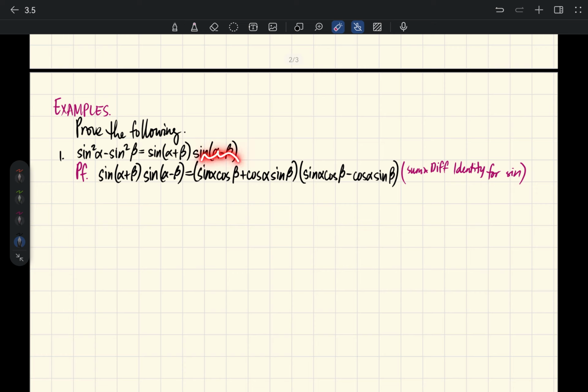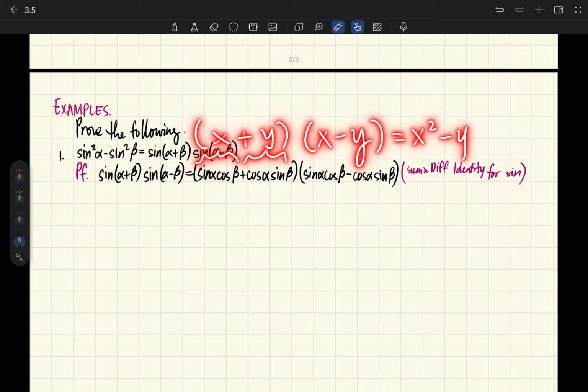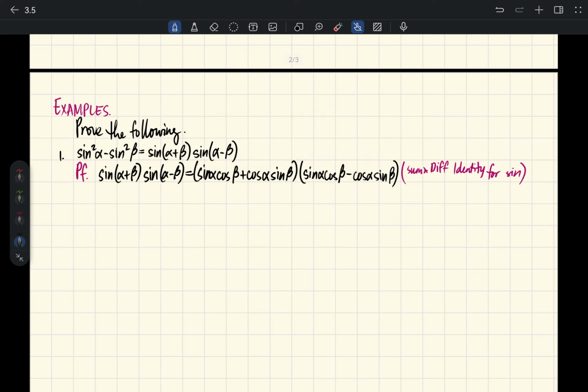So if I let this to be x and this one to be y, we have x plus y times x minus y, which as we know is just x squared minus y squared. So here we'll get sine alpha times cosine beta squared minus cosine alpha sine beta squared. So what we just did here is x squared minus y squared equals x minus y times x plus y.